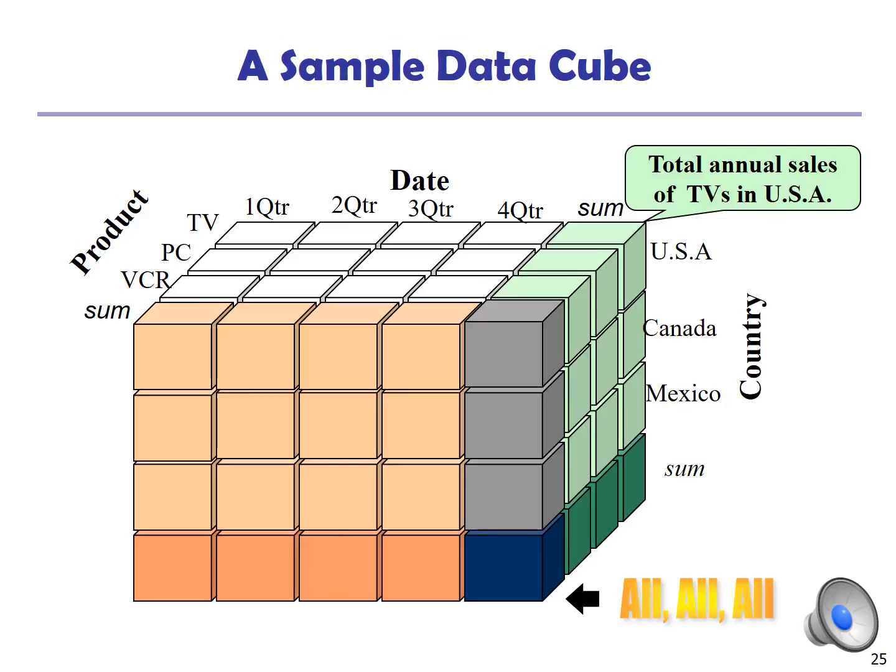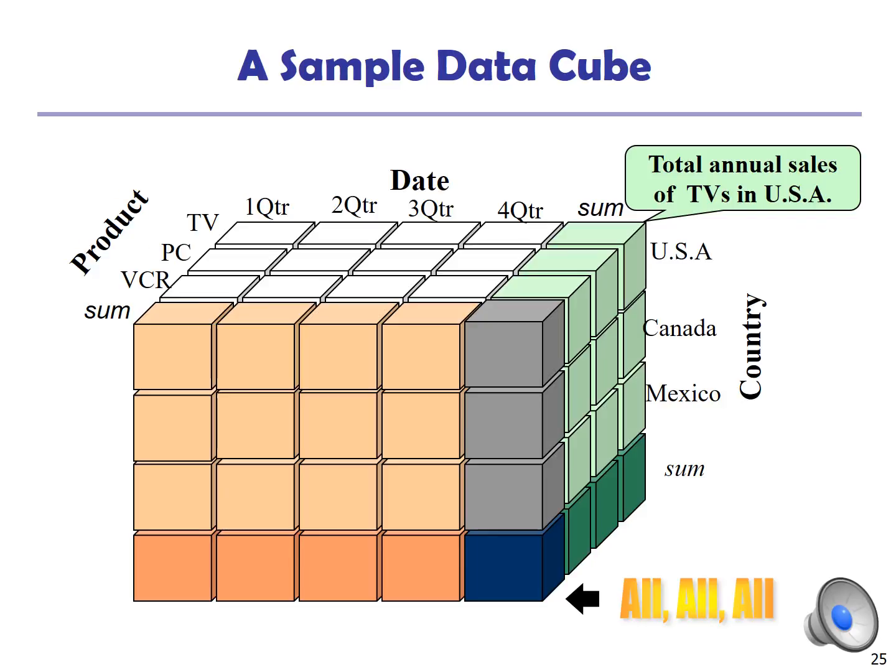And country gives you the sales based on different regions, or in different countries, right? So the last column in each of these dimensions is a sum, right? So in the product dimension, the sum gives you the sum total of sales of all products, all right?